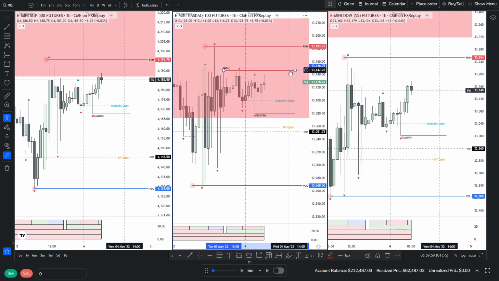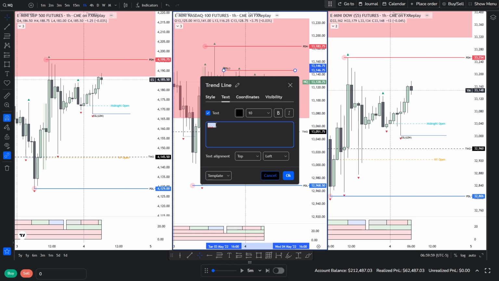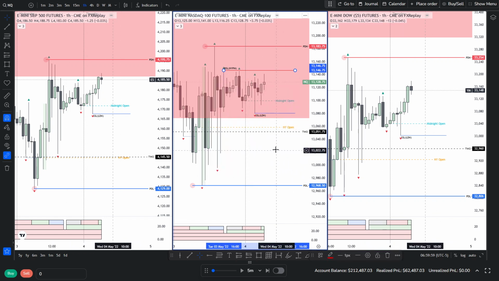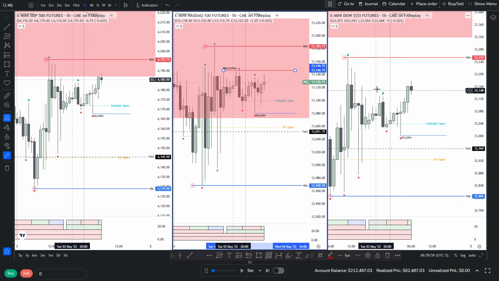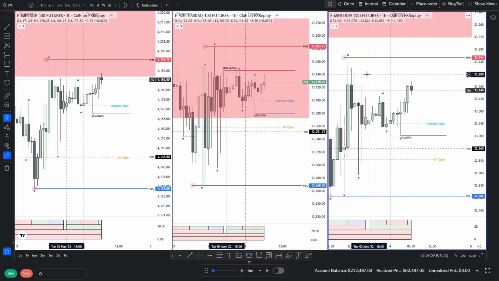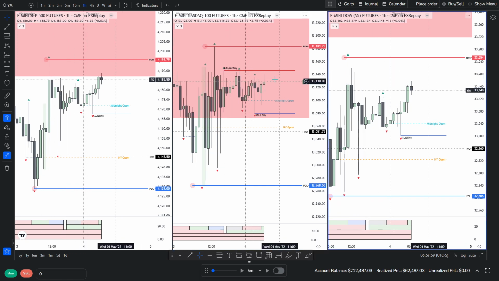Now again, I'm marking it up more so for reference of an H1 liquidity pool being purged, because that is again important to the success of the model.